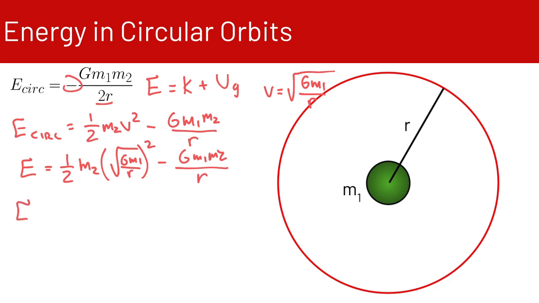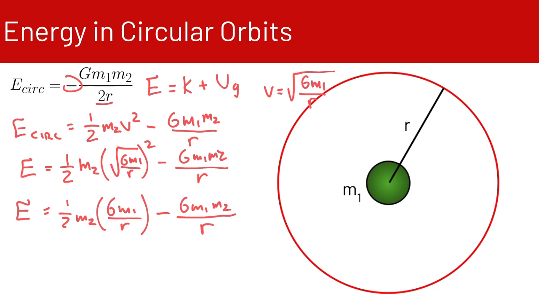Expanding this, we have E is equal to 1/2 m2 times G m1 over r minus G m1 m2 over r.